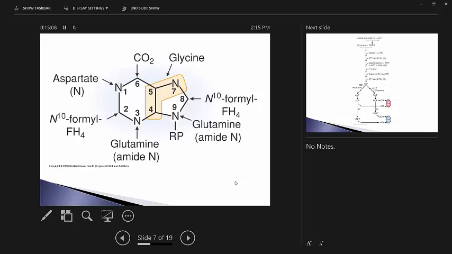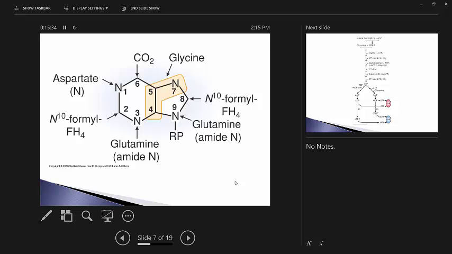It goes in, here's the nitrogen and here are the 2 carbons, and there's a linkage here at this point. And then the next one will be N10-formyl tetrahydrofolate. So what's the N10-formyl? The carbon is at what oxidation state? Carbonyl, right?